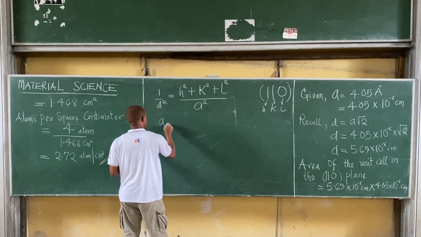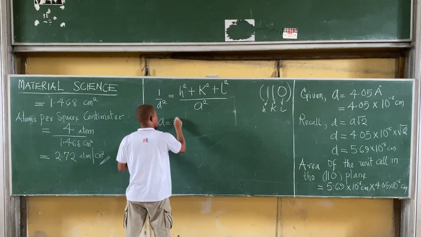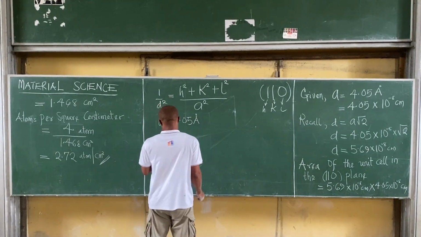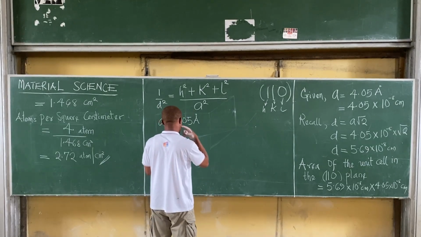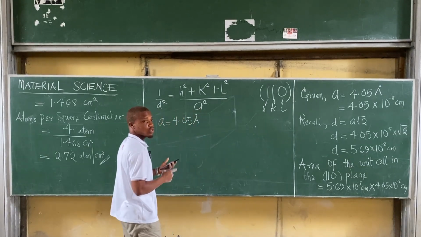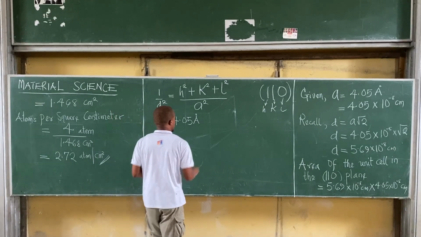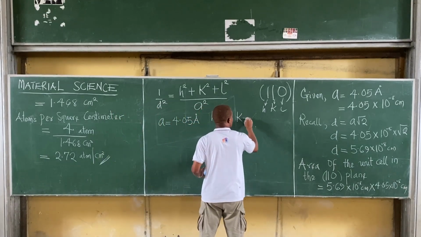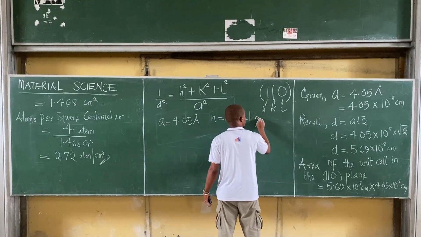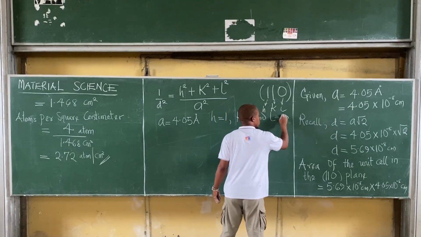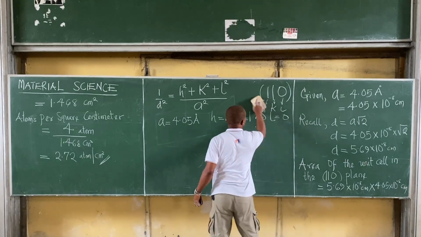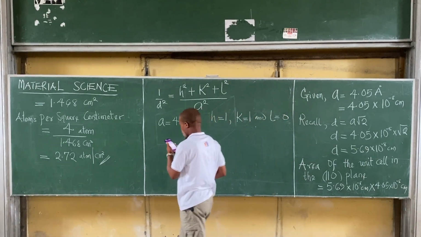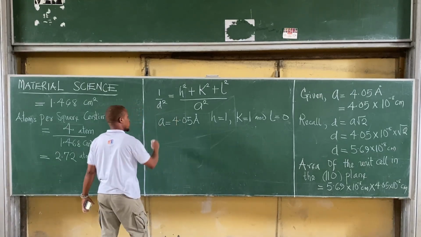Where a was given to be what? 4.05 Angstrom. HKL, as I said earlier, are the Miller indices of the plane 110. So let's impute that, where h equals 1, k equals 1, and l equals 0. So let's put values there.